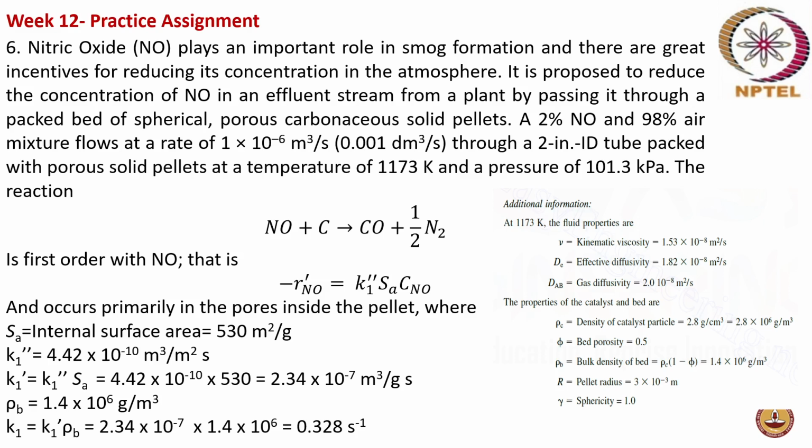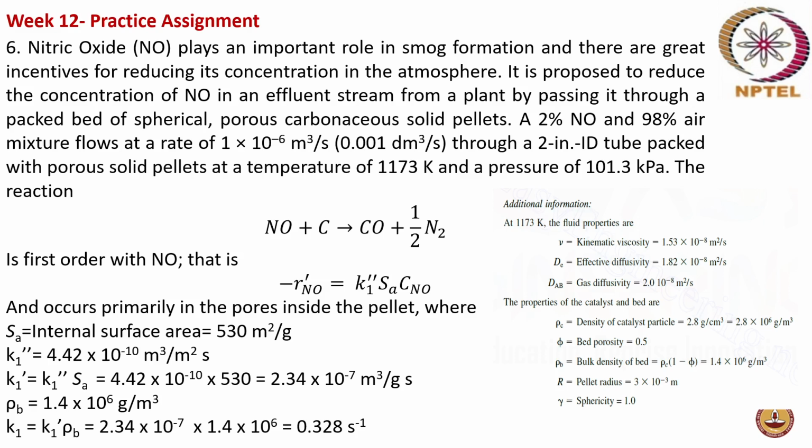So the reaction rate is given by -r'_NO = K1'' × SA × concentration of nitric oxide, and occurs primarily in the pores inside the pellet, where the internal surface area SA is given by 530 meter square per gram and the specific reaction rate constant in terms of the surface area, K1'', is 4.42 × 10^-10 meter cube per meter square second.